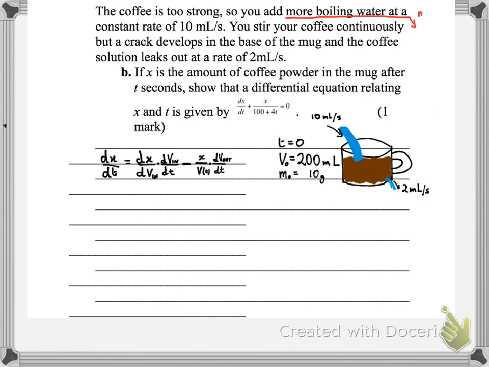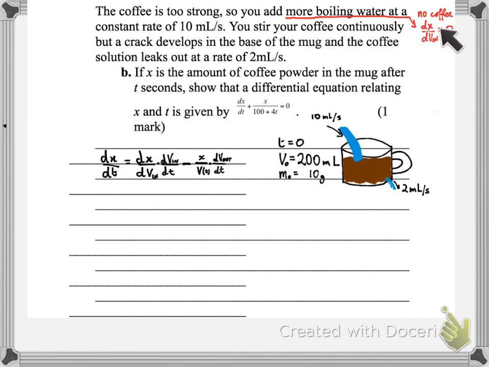Okay, so let's now bring ourselves back to the information. It says here we add more boiling water at a constant rate of 10 mils per second. So it just mentions that we're just adding water. It's nothing about adding a mixture of water and coffee. So no solid coffee has been dissolved into the water.